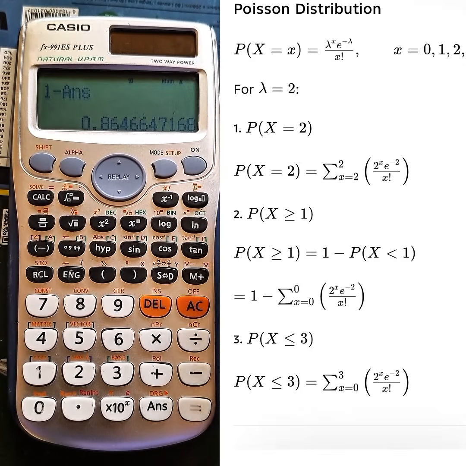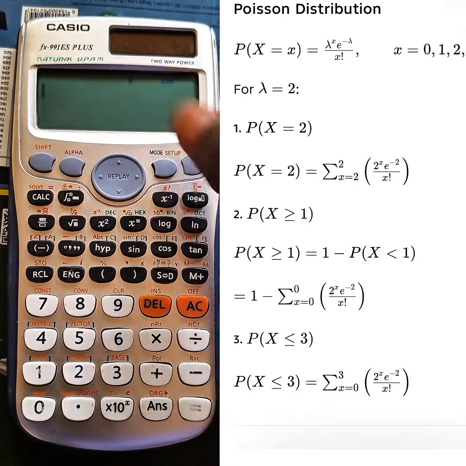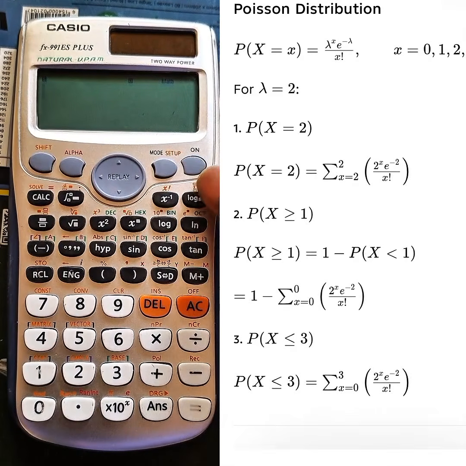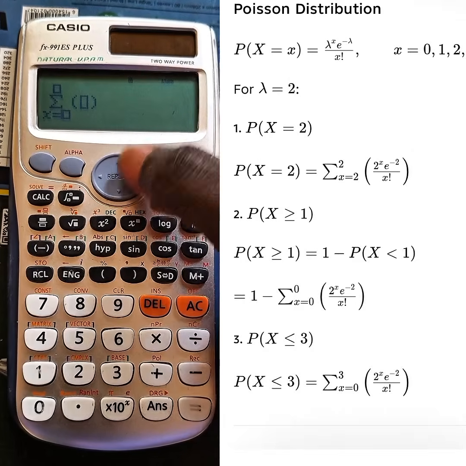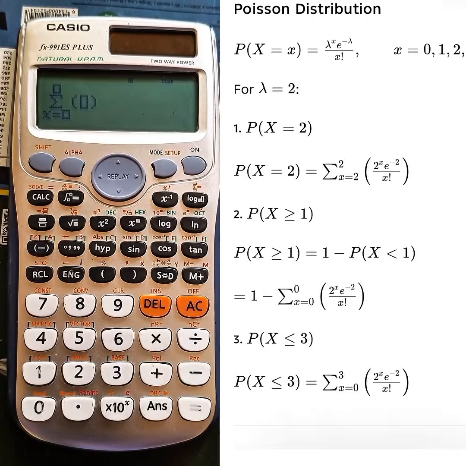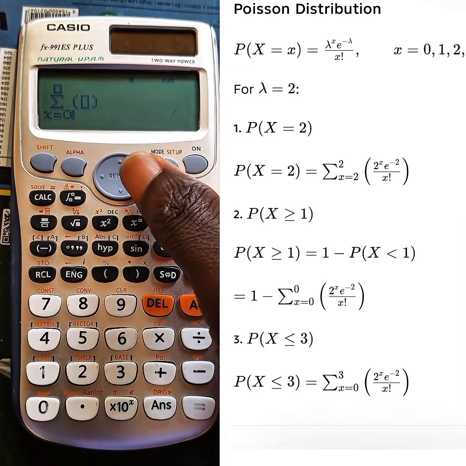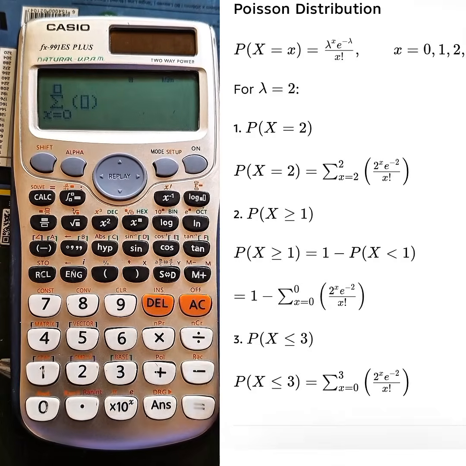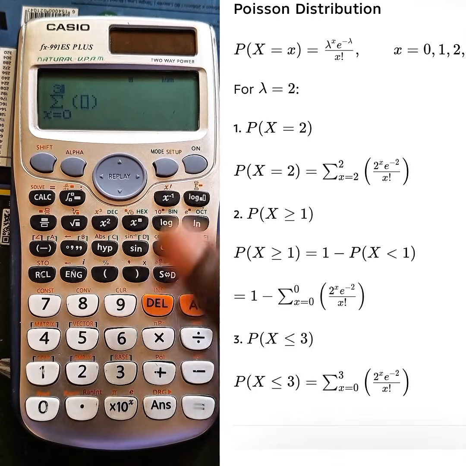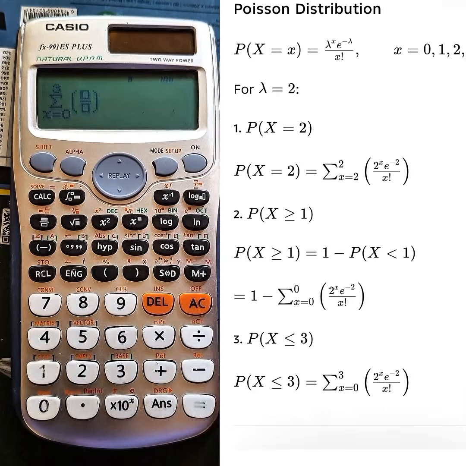So for us to get at most 3, we come here and press shift and then this log. The summation sign will appear again, and we input our values. They say at most 3 people, so because x starts from 0, we go from 0 to 3. Then we come back into our bracket. We use this here to make it easier.